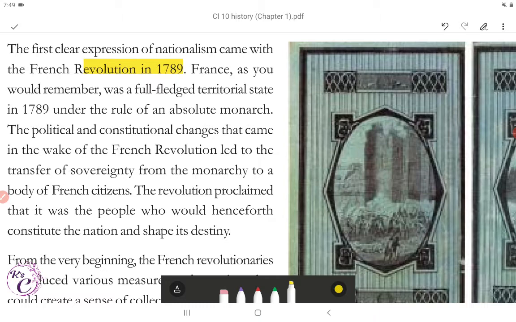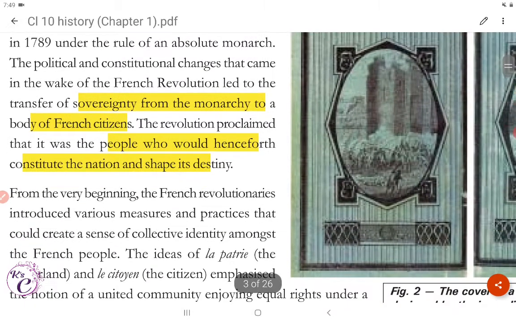The political and constitutional changes that came in the wake of the French Revolution led to the transfer of sovereignty from the monarch to a body of French citizens. The revolution proclaimed that it was the people who would henceforth constitute the nation and shape its destiny.